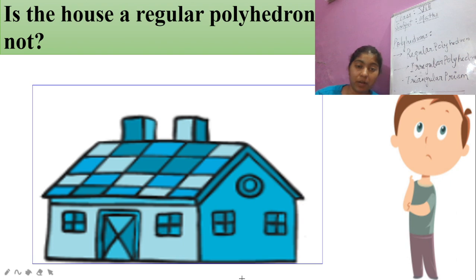So let me show it. First, let's find out what shapes are there. First, I can find a pentagon, right? So let me mark the pentagon. Where do I see it? Okay, now I can see the rectangle. Let me join all. Square, triangles, right? Cylinder also is there.